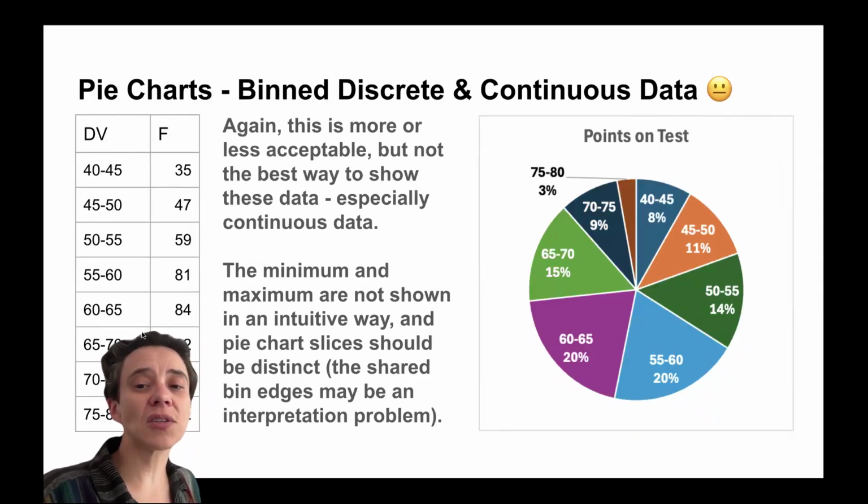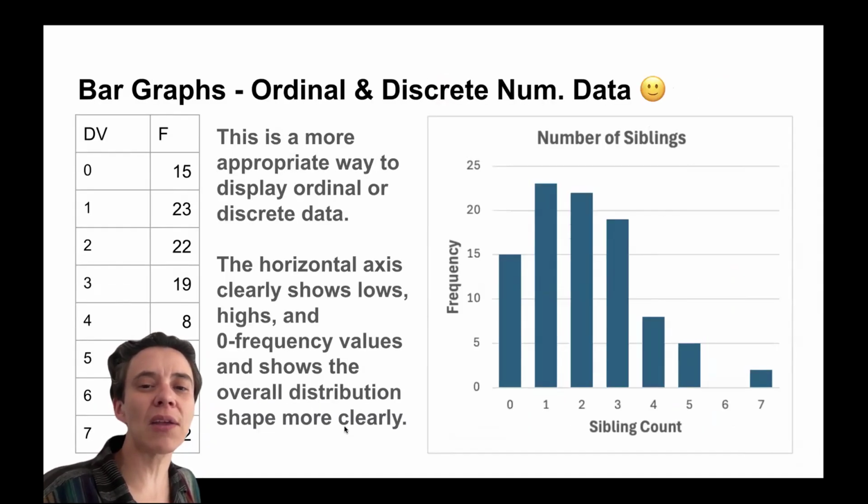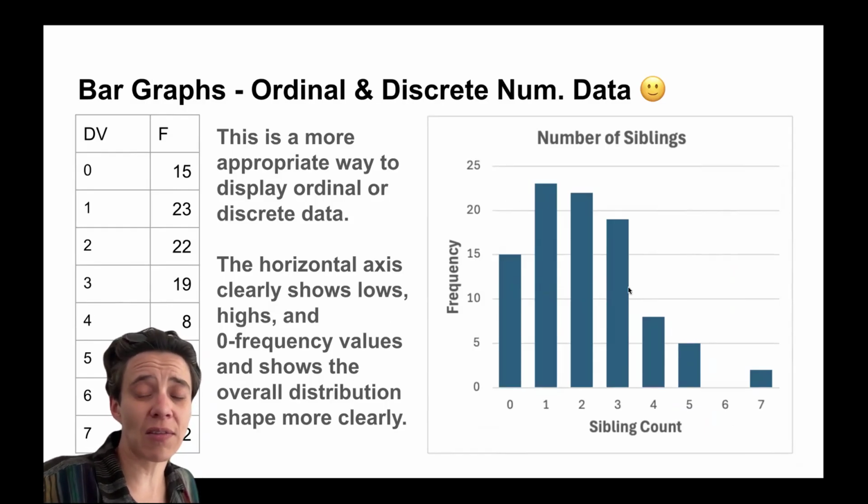Okay? You cannot do clear calculations from categories in continuous data in the same way. So if I wanted, for example, to figure out the average of these data, and we'll get to calculating averages later, I would need to know exactly how many people have exactly what value. I would do the data value times the number of people who had it, 0 times 15, and then 1 times, let's see if these are all whole numbers. This is a little past the middle of this, making it 23.